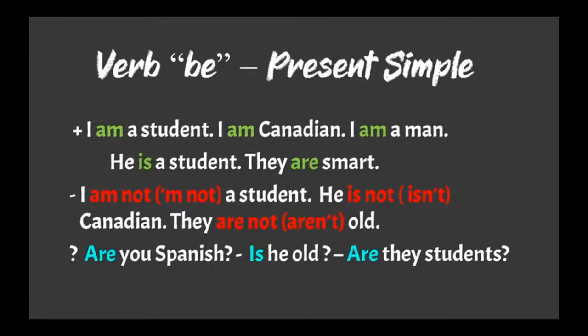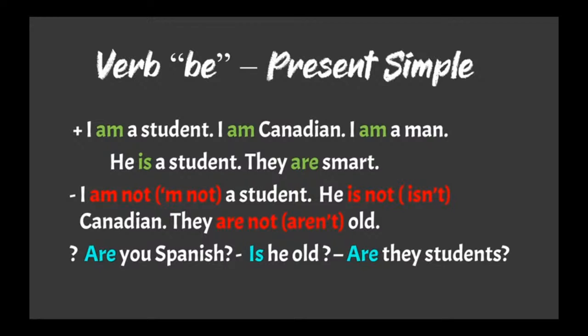So no change. What happens with a negative sentence? Well, you just write the not right after the verb to be. Like in my example. I'm not a student. He is not, he isn't Canadian. They are not, they aren't old.